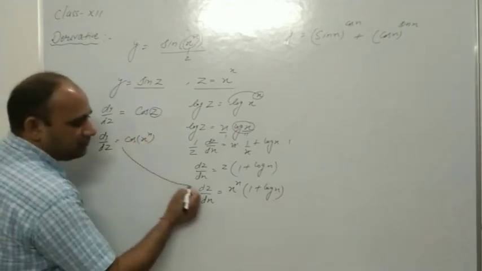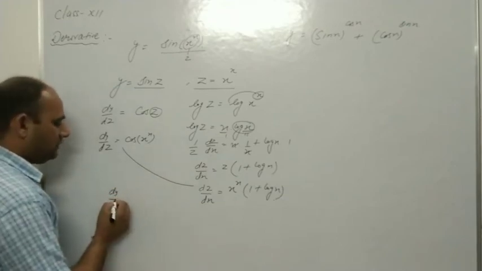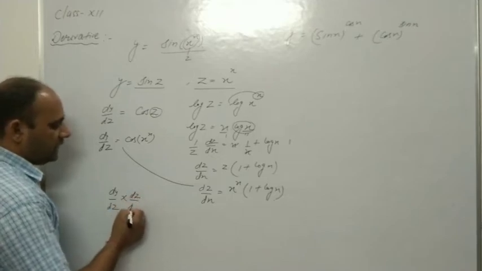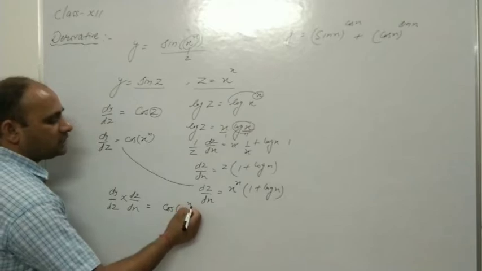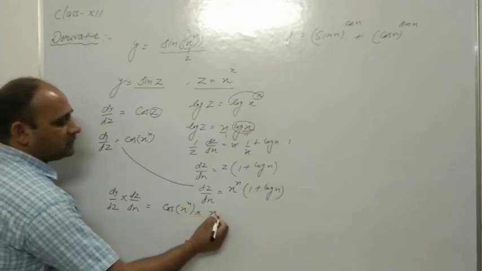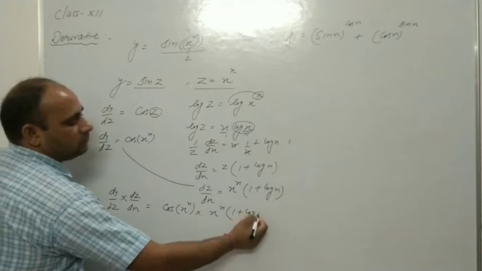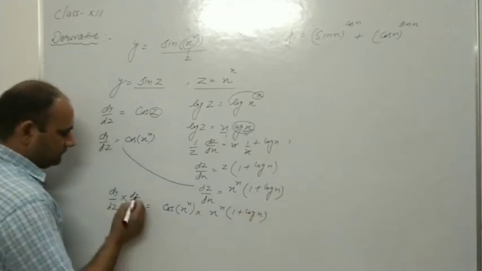Now we will multiply both according to the chain rule. So dy by dz into dz by dx is equal to cos(x raised to power x) into x raised to power x into (1 plus log x).